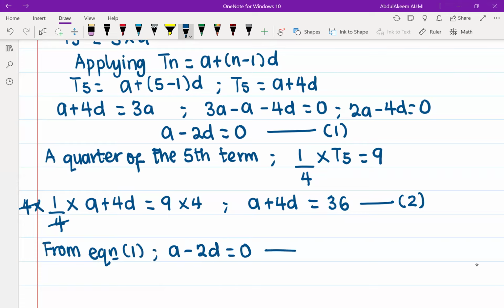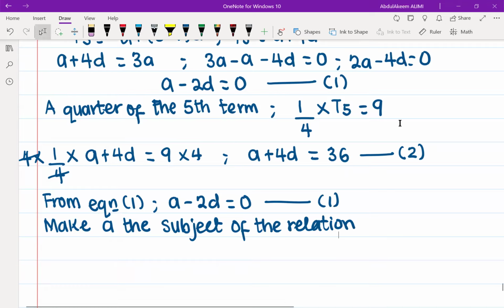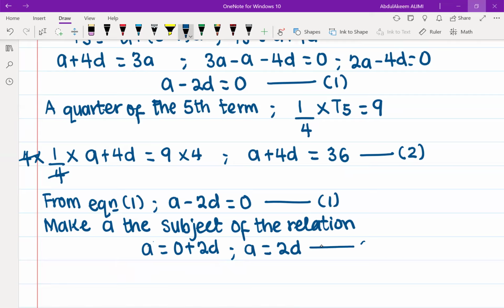Make a the subject of the relation. If I'm to make a the subject of the relation, this will become a is equals to 0 plus 2d. So I have my a here is equals to 2d. This will become equation 3.